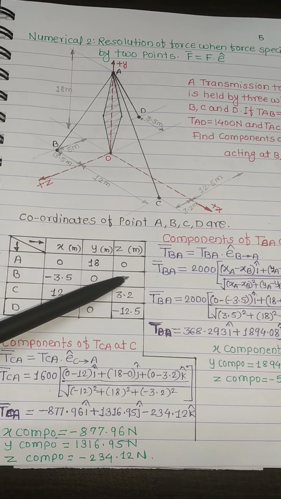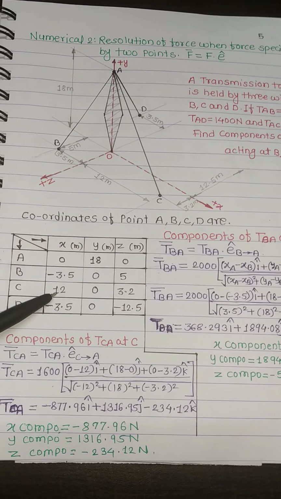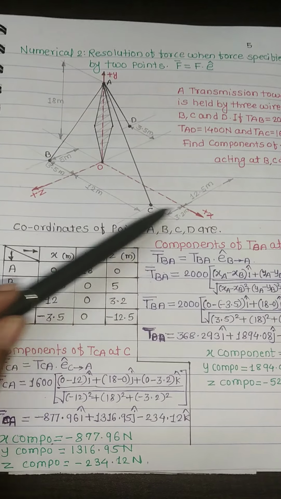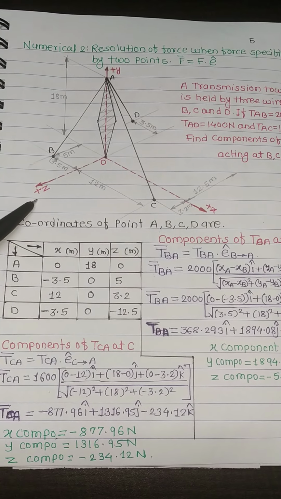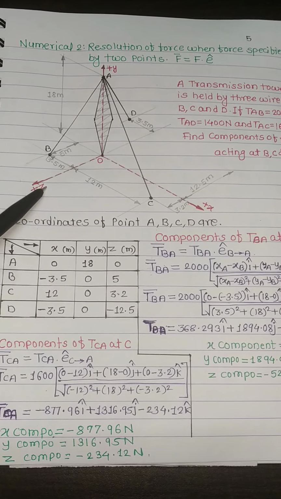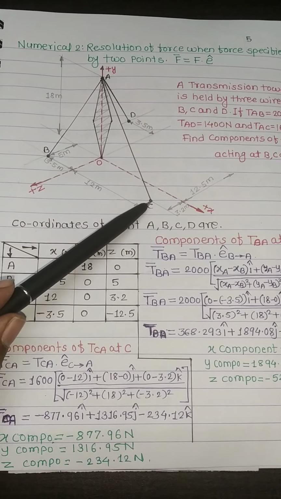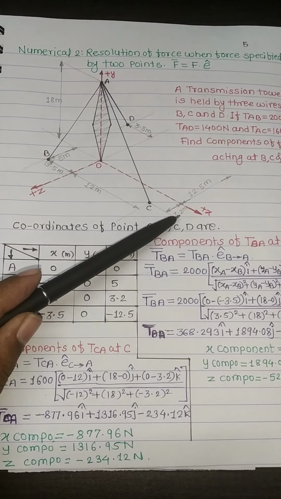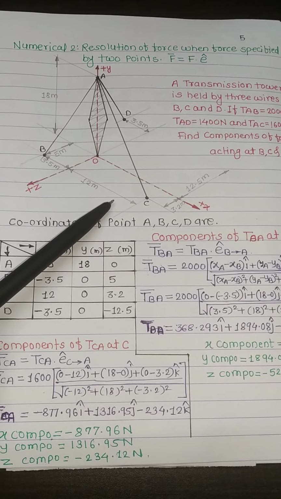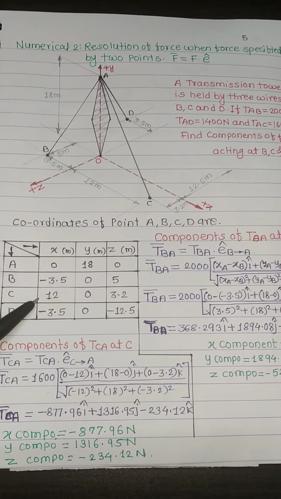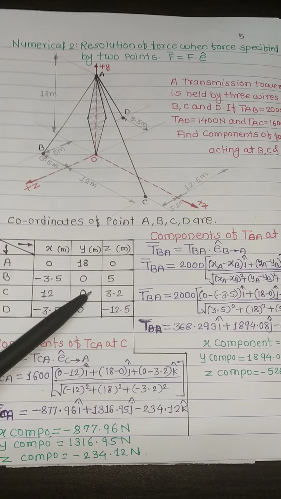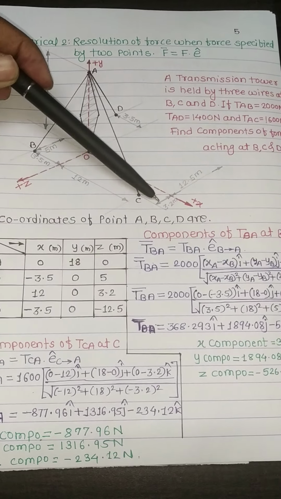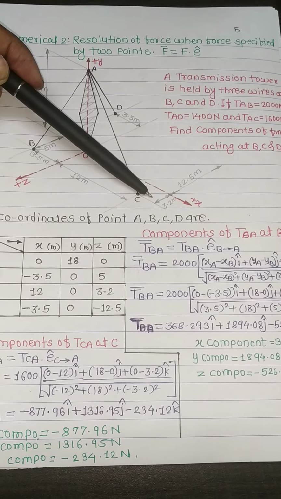Then the coordinates of C: we can see C is lying in the positive x and positive z plane. So C is having coordinates parallel to the x axis, distance is 12, so x is 12, y is 0, and parallel to z axis, the distance of C is 3.2.